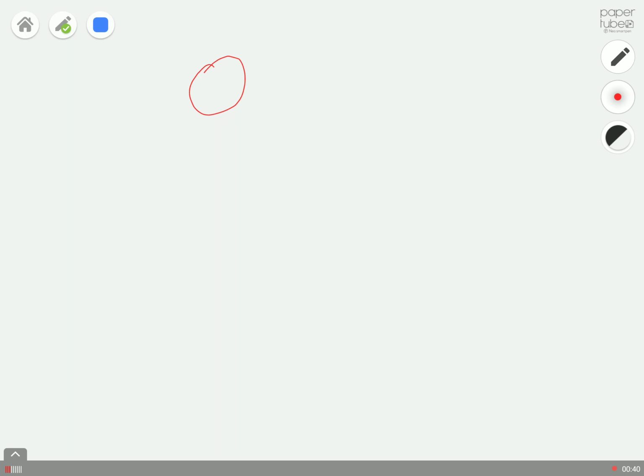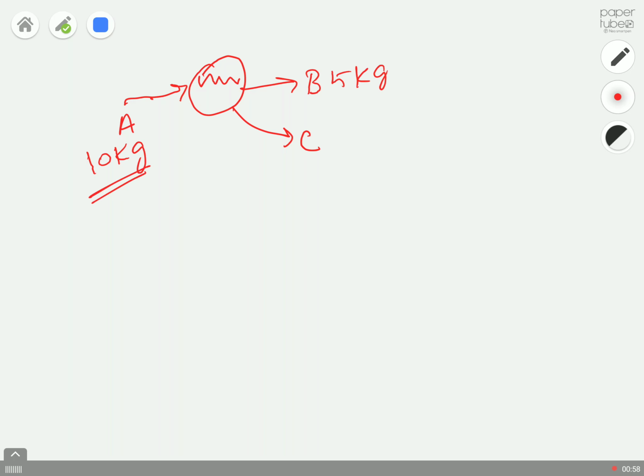If you have some system where something is happening, say you put in some compound A and you take out two streams, compound B and compound C. If you load 10 kg inside, and if you take 5 kg of product B, then product C must be equal to 5 kg. So if your input is 10 kg, your output is 10 kg, which is 5 plus 5 kg. What it states is that, at the end of the day, your mass is conserved.